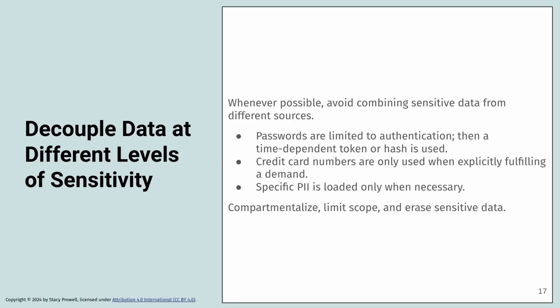Because then if there's a weakness somewhere in the system, that weakness may not lead to me being able to get the highly sensitive data. And of course, only load specific information when you need to. Compartmentalize, limit scope, and erase sensitive data.